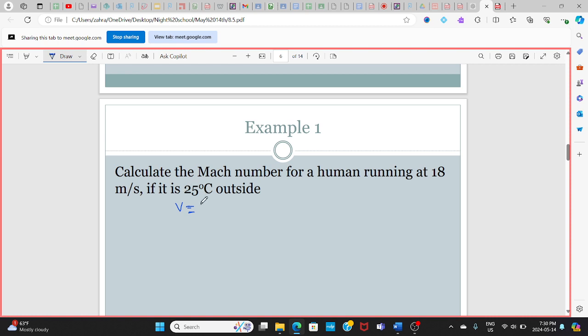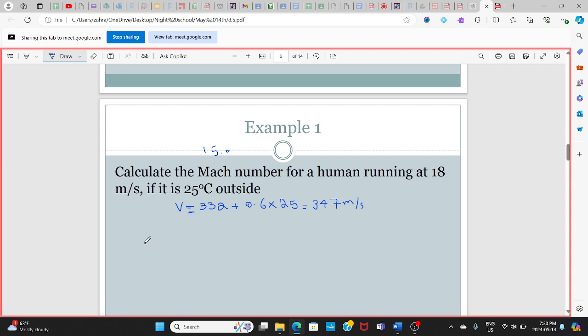So what we do: 332 plus 0.6 multiplied by 25. It's going to be 15. Now 15 plus 332 is 347 meters per second.